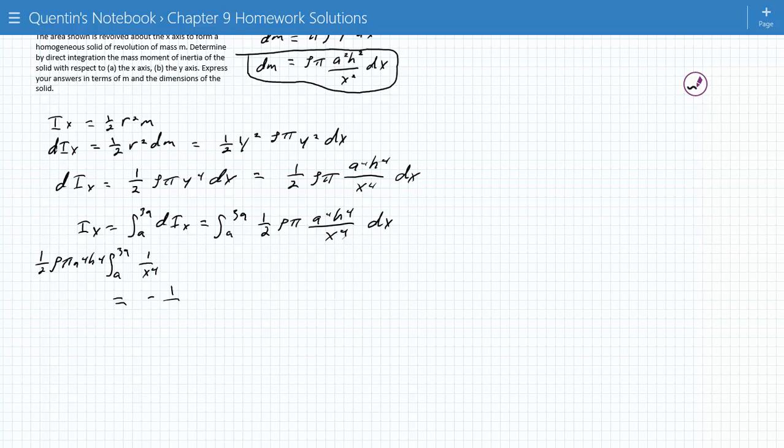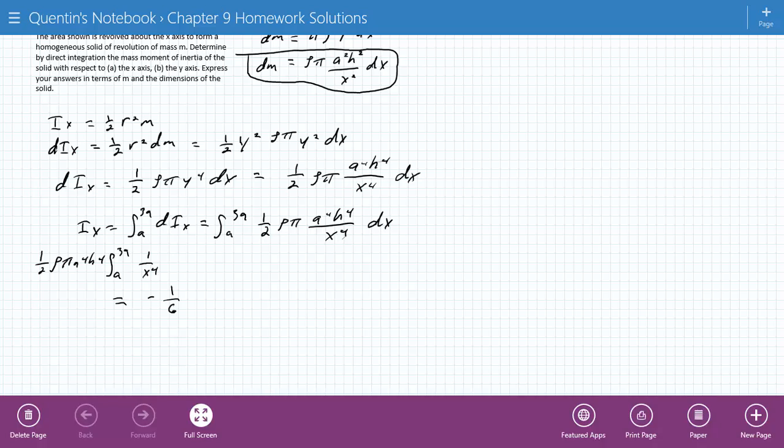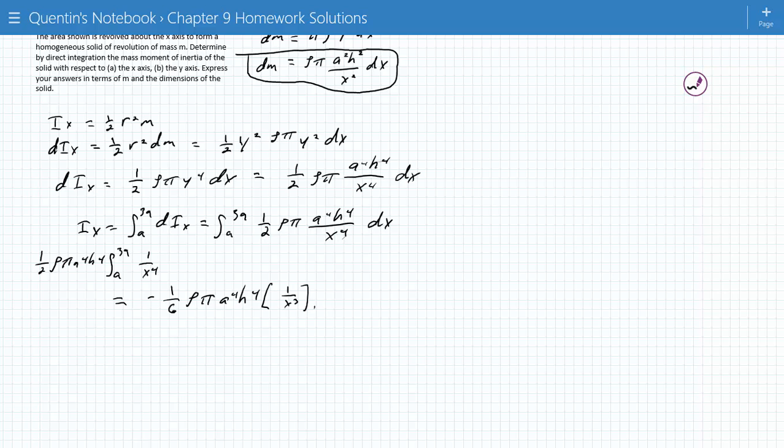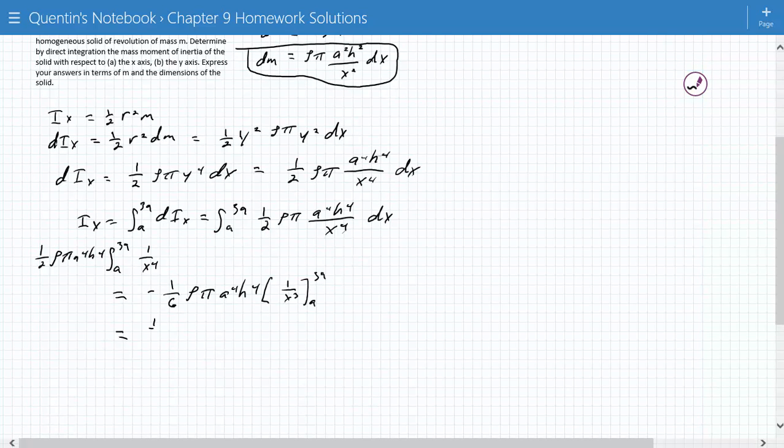It's going to be 1/3 times 1/2, so minus 1/6 times rho pi a to the fourth h to the fourth times 1 over x cubed evaluated from a to 3a, and when you put that in, you end up with, I'm going to cheat here.